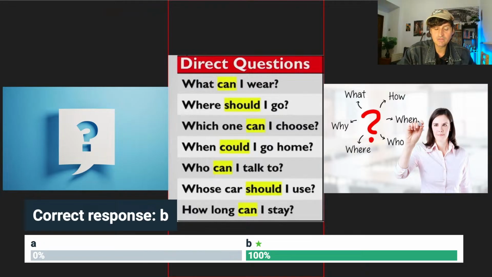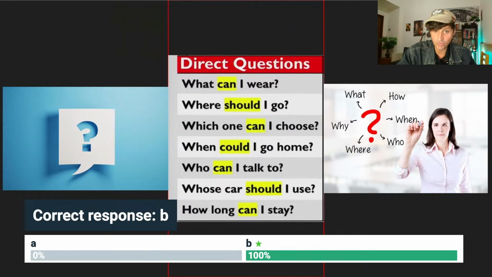So, where should I go? I'm not sure where I should go, sorry. Or you could also say, I'm not sure where to go. So that's the next level. That's I want to. But first, let's just read them and think about it. Just think about how you could turn these direct questions into embedded questions.